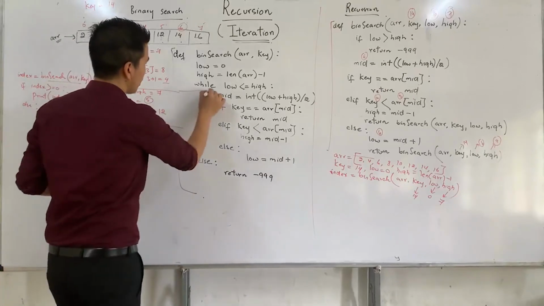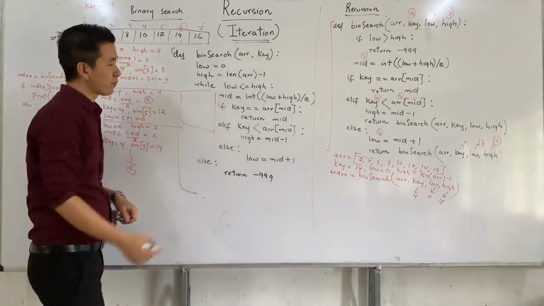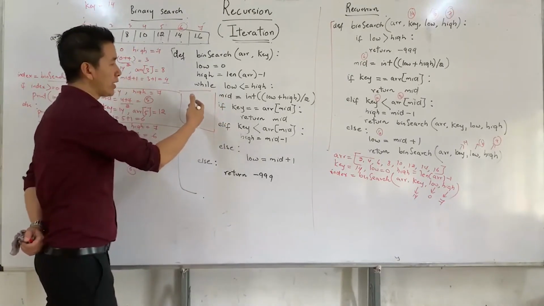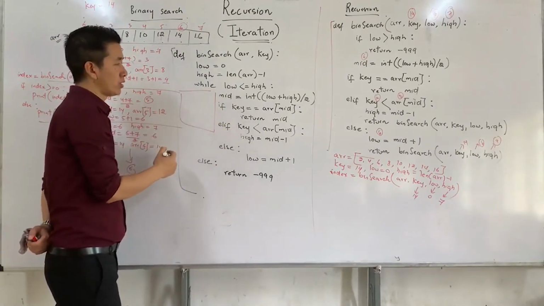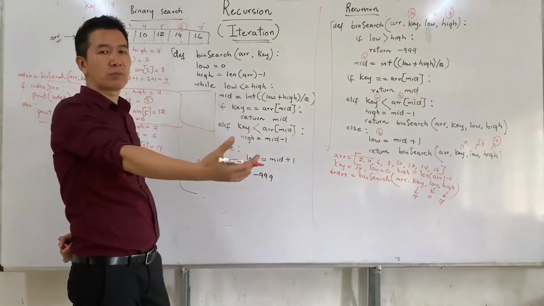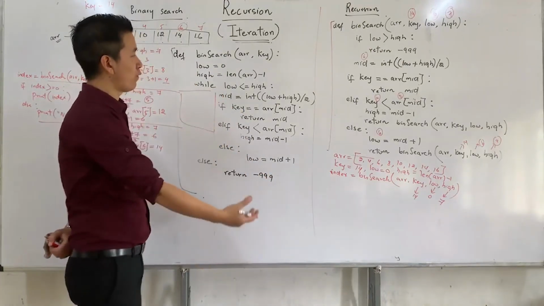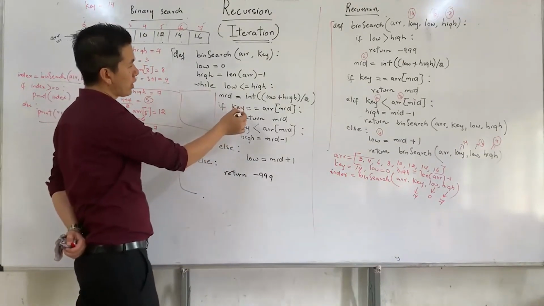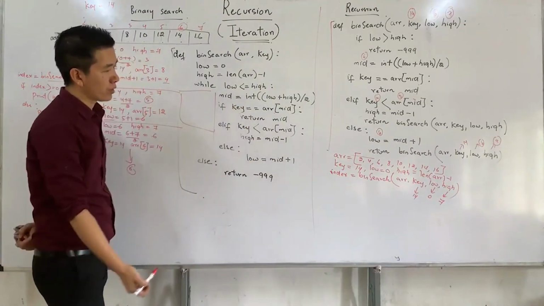There is no need for additional spaces or additional allocation for storing the values of variables like the key, the low, the high, the mid.